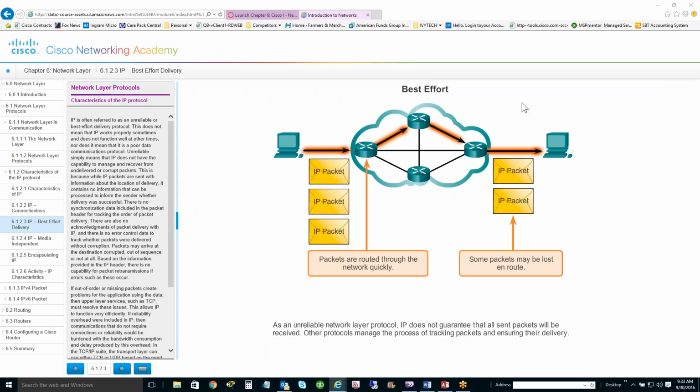But anyway, we'll get to that later in the course, and you'll get a better understanding of how it keeps track of it. But basically, a crude way of putting it is with IP, your computer just pukes it out and says, go where I tell you, and if the intermediary network is working properly, everything will get to the destination, but there's no tracking mechanism to make sure that it happens.